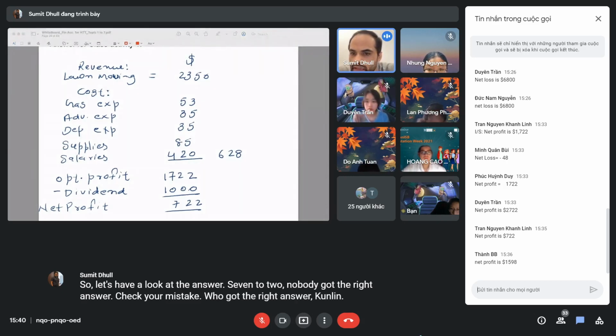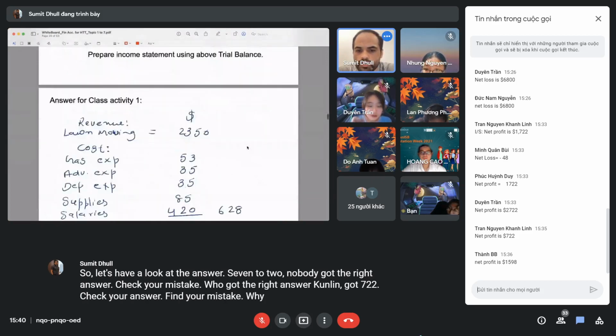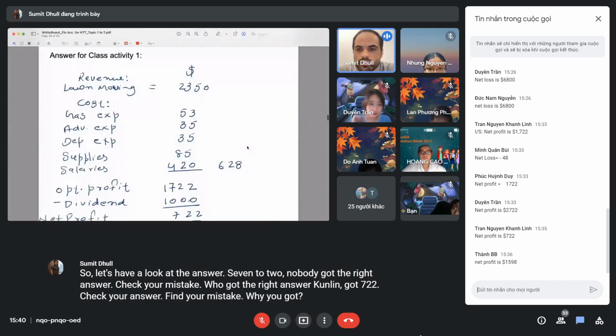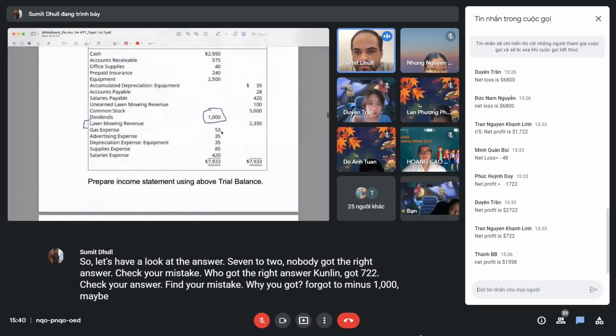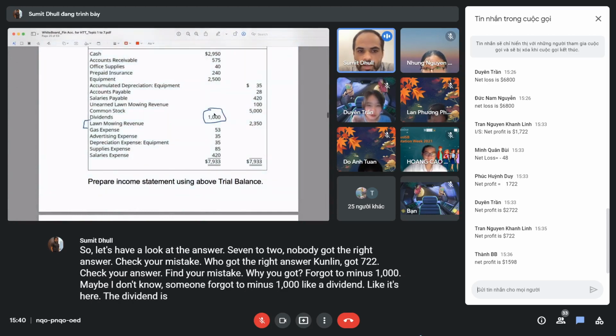Kanlin got 722. Check your answer, find your mistake, why you forgot to minus 1,000 maybe. I don't know, someone forgot to minus 1,000 like it's dividend. Like it's here. The dividend is 1,000, maybe you forgot to minus.